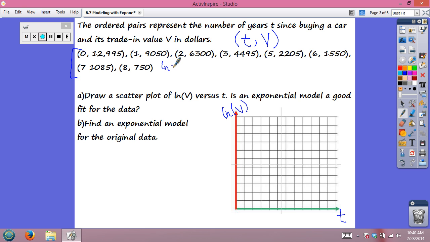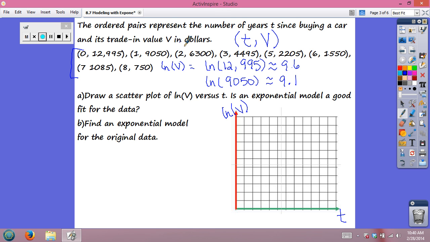The ln of v, we'll do our first point, would be the ln of 12,995, which is going to give us about 9.6. And then if we take the ln of our second v, which is 9,050, we'll get about 9.1.